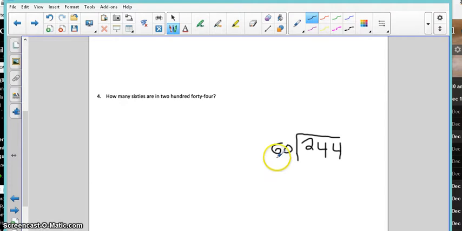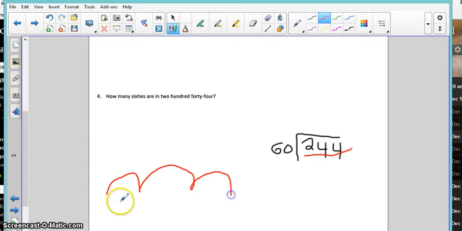Now, you can't do 60 into 224 or 244 easily without just counting by 60s. But what we can do is use what we know about rounding, because that 4 is irrelevant. We're jumping by 60s. We're going 60, 120, 180.